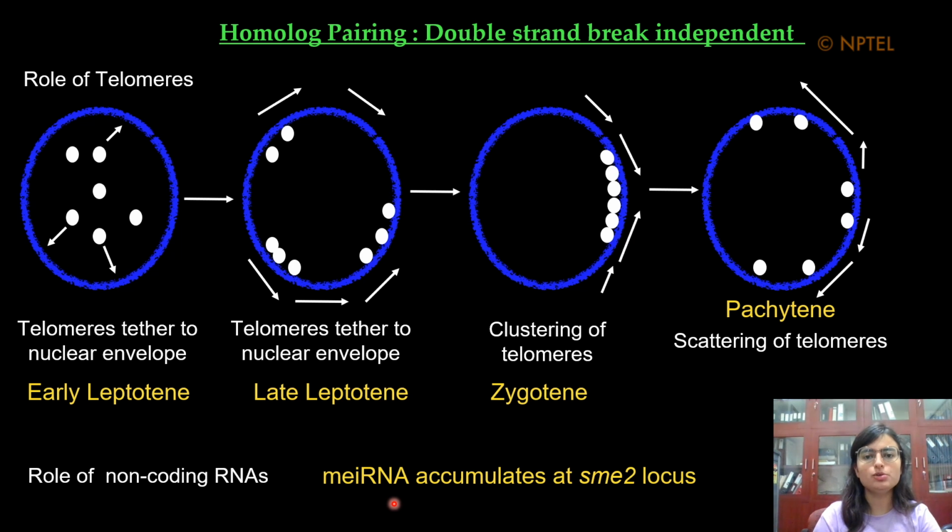Primarily, the MEI2 RNA complex sequesters a negative regulator of meiosis called MMI1, which binds meiotic specific transcripts in mitotically dividing cells and prevents meiosis in those cells. During meiosis, however, the MEI2 RNA accumulates at the SME2 locus and promotes homolog recognition and pairing of homologous chromosomes.